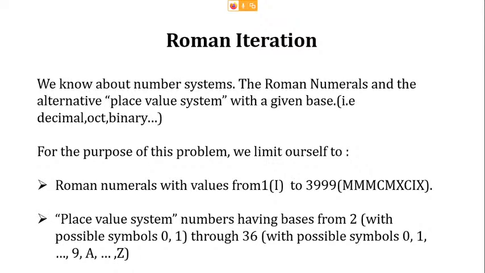The value can be decimal, octal, binary, hexadecimal, and so on, right? Whenever I say number system, there are only two. So this program is all about the number system, where we are going to deal with Roman numbers.